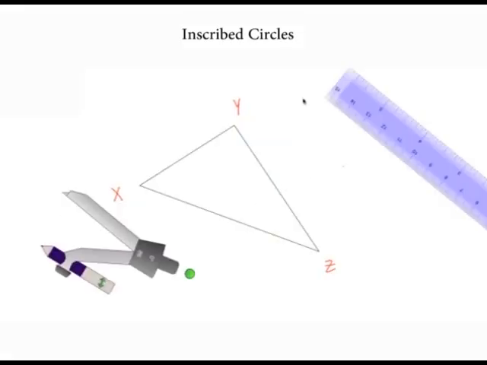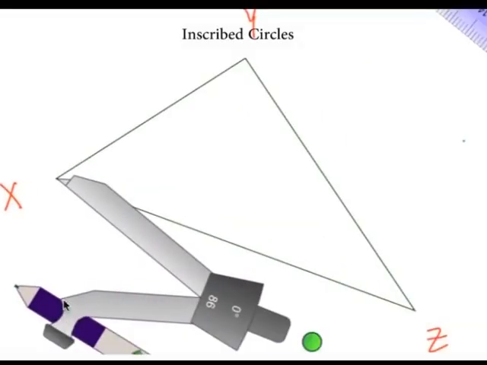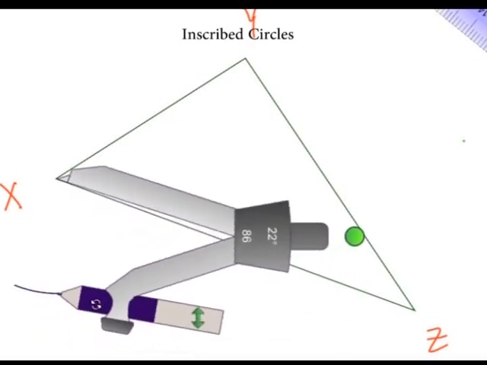And so let's find the incenter of this triangle XYZ, and after we get it, we shall draw an inscribed circle. And so we shall construct the angle bisectors of this triangle. We start at X, we place the compass at the vertex, make an arc to cut the two including sides.